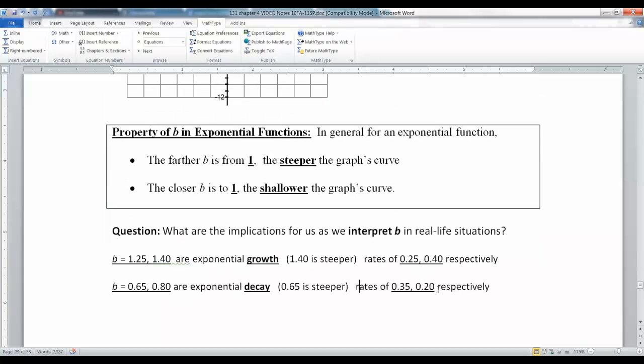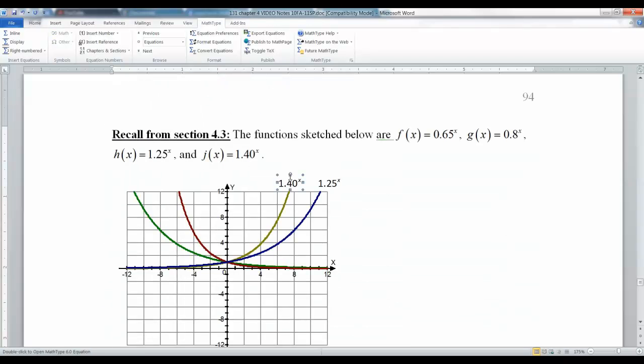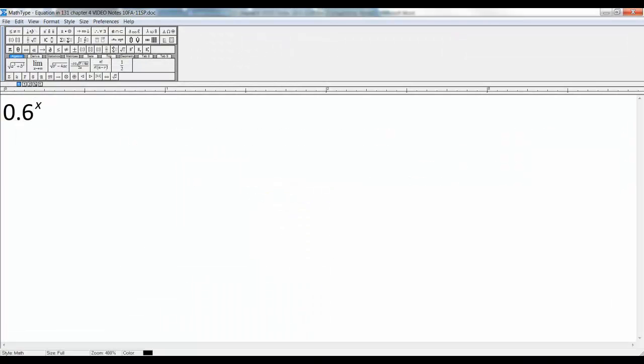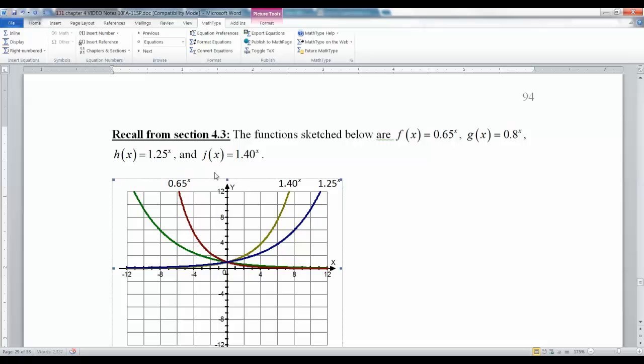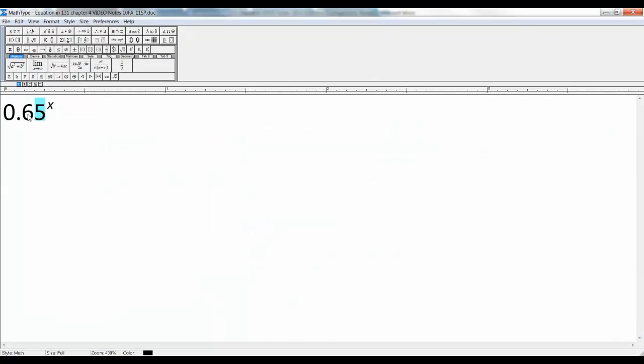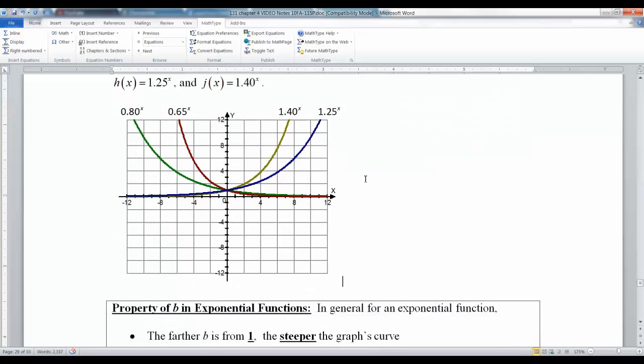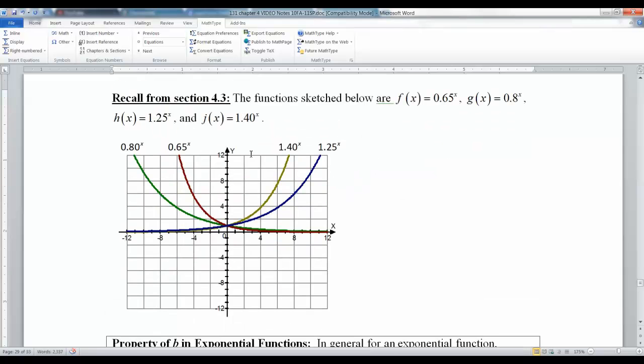So it's 35% and 20% respectively, which means that the 0.65 is steeper, right? Because it's farther away from 1. So it should go, and we already had these pictures, so this shouldn't come as any great shock to anybody. This one's 0.65, and the next one is 0.80. I should probably do this while I pause, but it doesn't hurt you to see how it's done. Okay, so there you go.